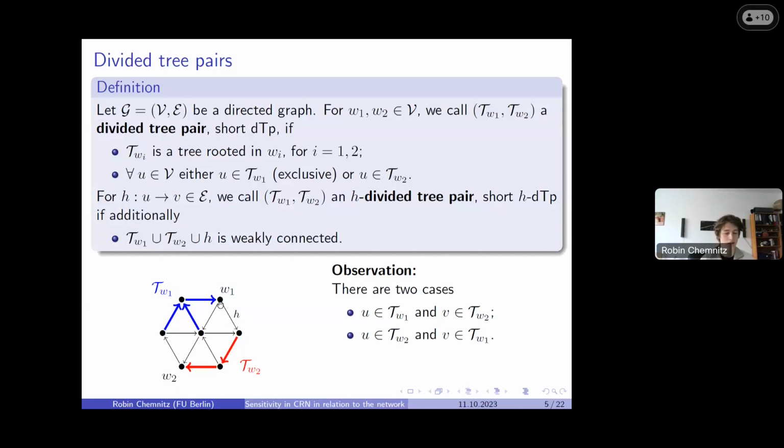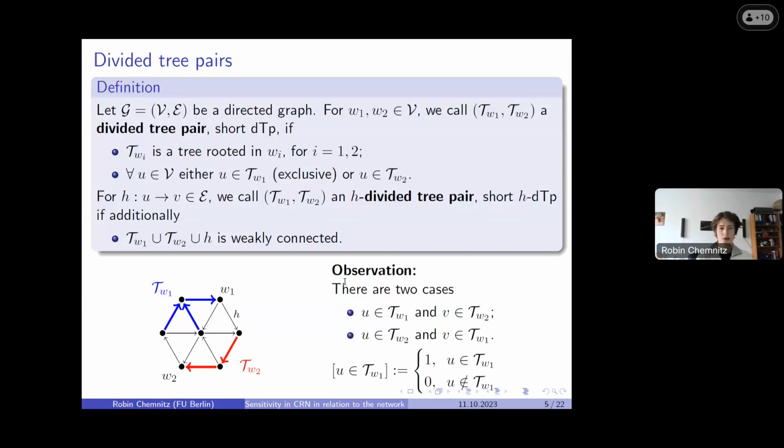And either the edge is directed from TW1 to TW2. In that case, U, the source node, is in TW1 and the target node is in TW2, or the other way around, the edge goes from TW2 to TW1. To distinguish this in formulas, I'll use this Boolean notation with the square brackets, where I put a Boolean term in here, and this is just 0 or 1, depending on whether this condition is satisfied or not.